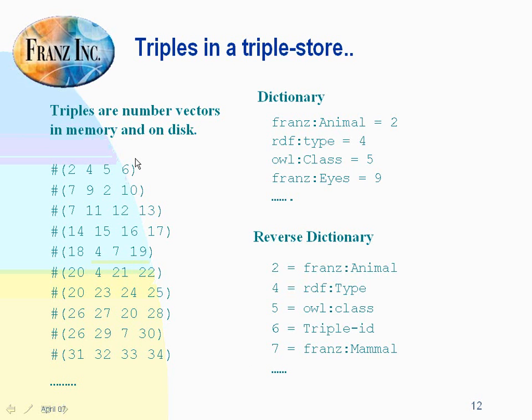Now in our triple store it's slightly more complicated because each number is actually a number that is 12 bytes long, or hash code, but the principle is the same. Triples in memory and on disk are just vectors of numbers, and there are dictionaries that map the numbers to the strings and the strings to the numbers.